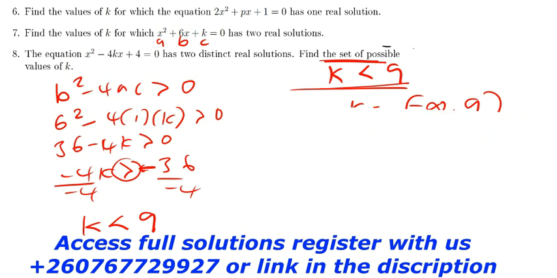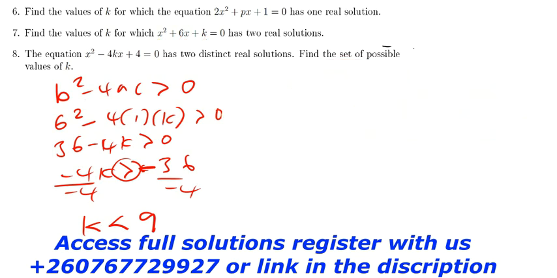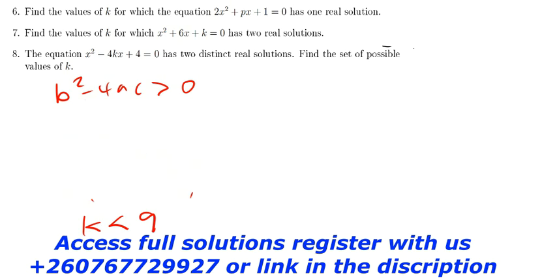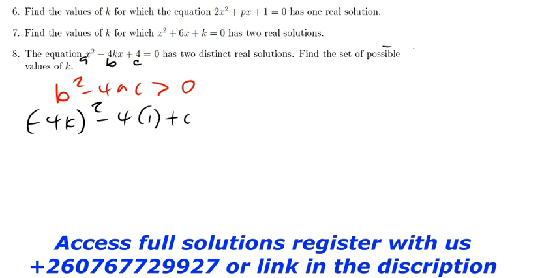Okay, again I'll use the same thing because it's talking about distinct real values. I'll use the same thing. So a is 1 in this case, b is negative k, that's c. So that is going to be negative k, now we square it, minus 4, a is 1, c is 4, greater than 0.